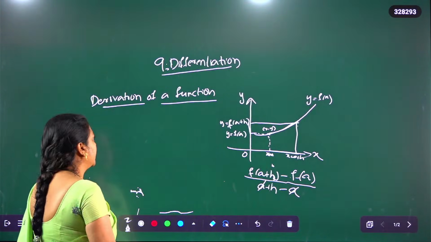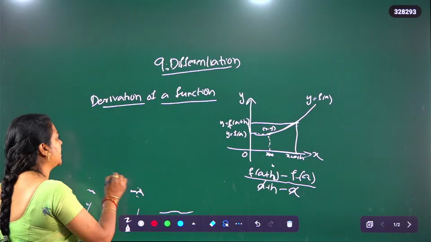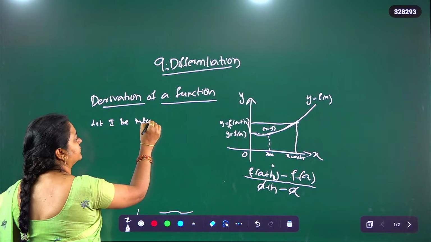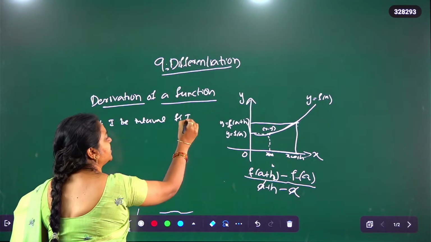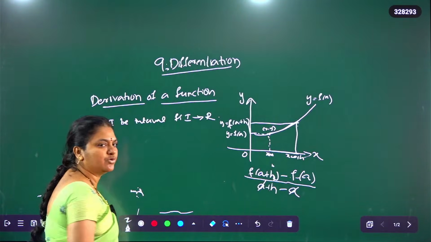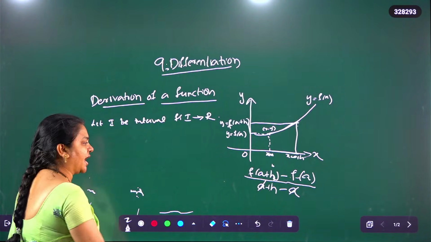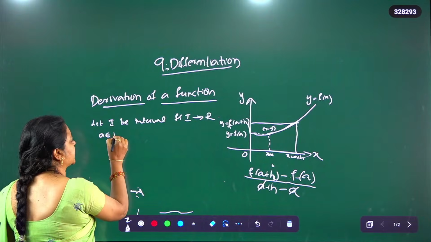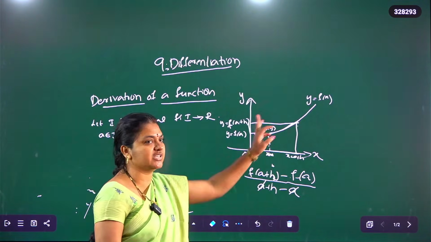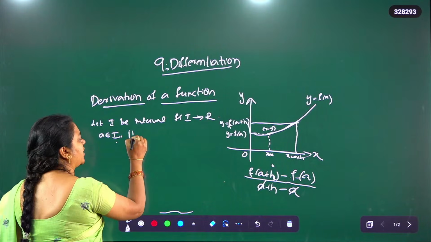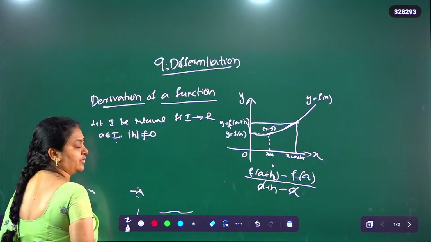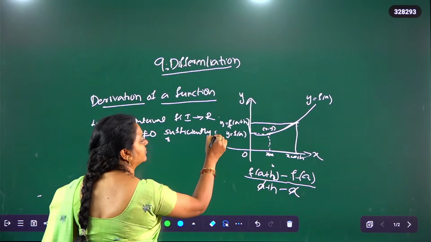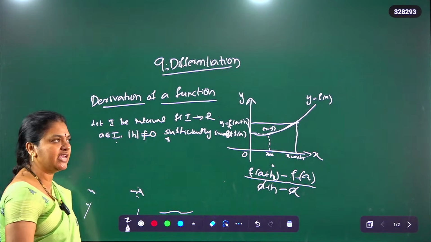Now if we define it properly: let I be an interval, and our function is from I to R, and we are taking a belonging to this I. We take a value a in this interval, and mod h is not equal to 0, but it is sufficiently small.